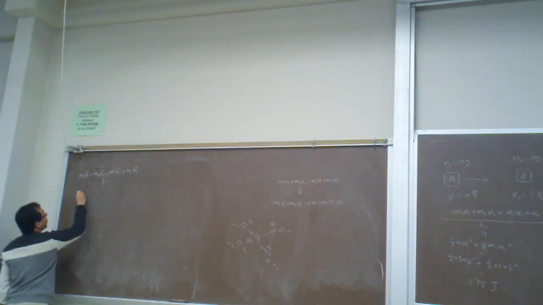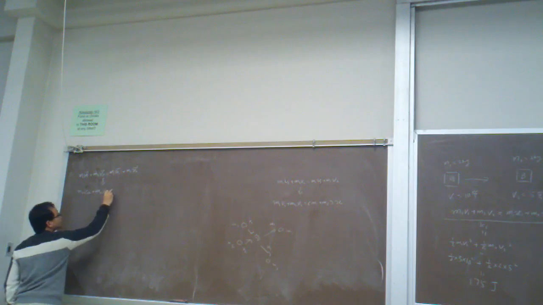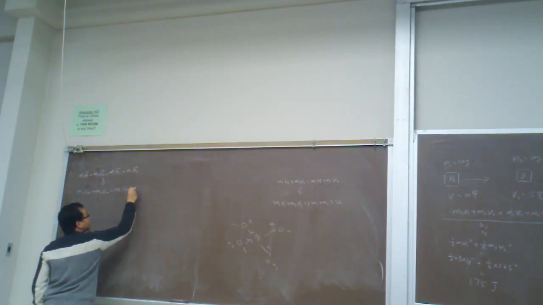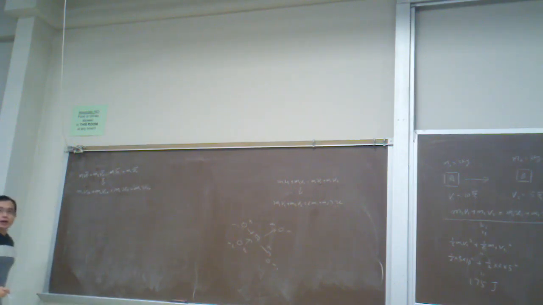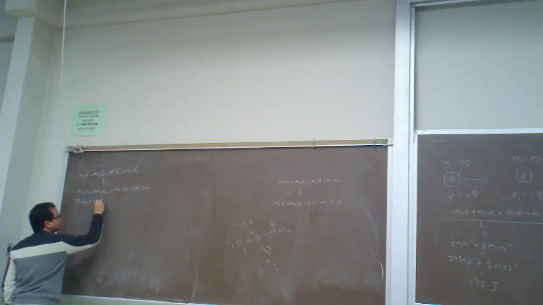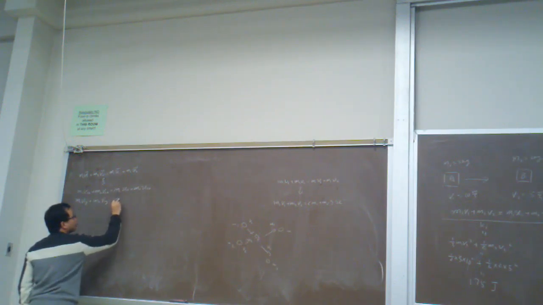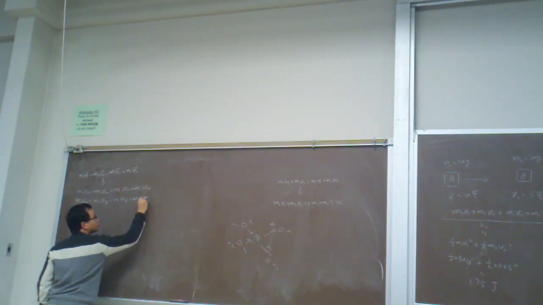One is m1 v1x plus m2 v2x equals m1 u1x plus m2 u2x. And then you have m1 v1y plus m2 v2y equals m1 u1y plus m2 u2y.